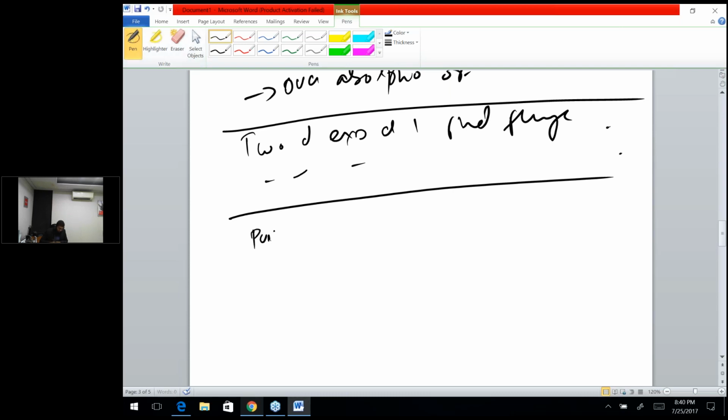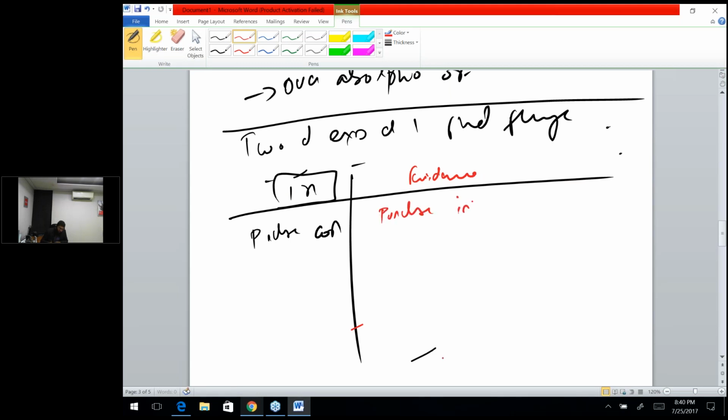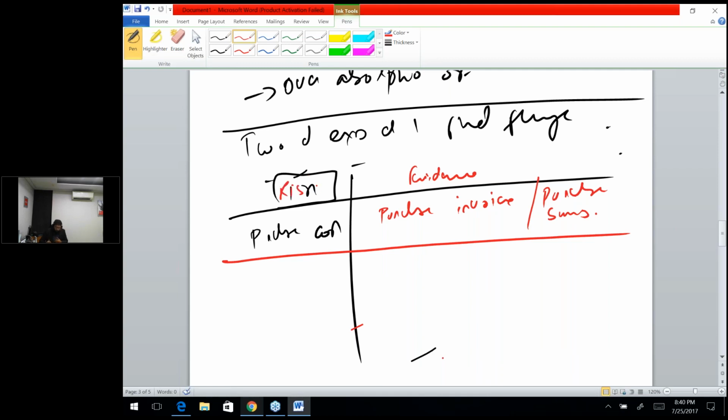So the purchase cost, my risk could be that the purchase cost is incorrect. I would perform the procedure to basically see if the correct purchase cost has been recorded, and the evidence is going to be the purchase invoices or the purchase summary to confirm that the purchases have been correctly recorded.